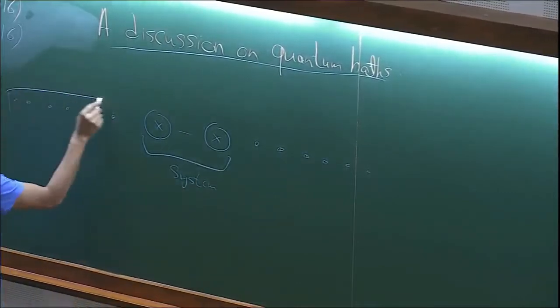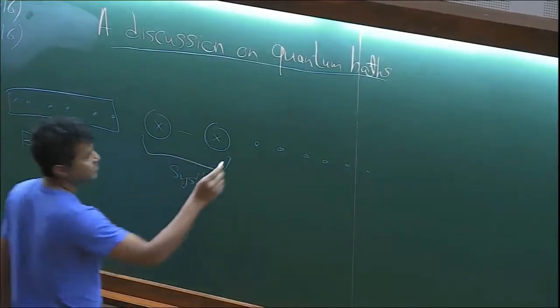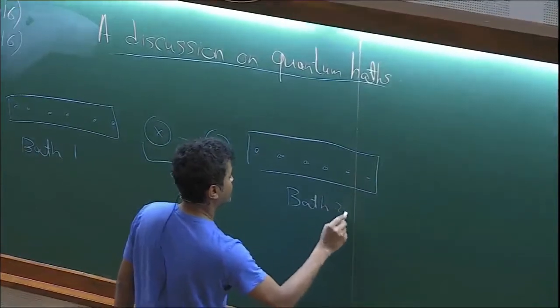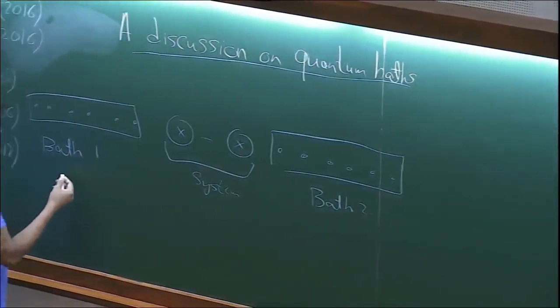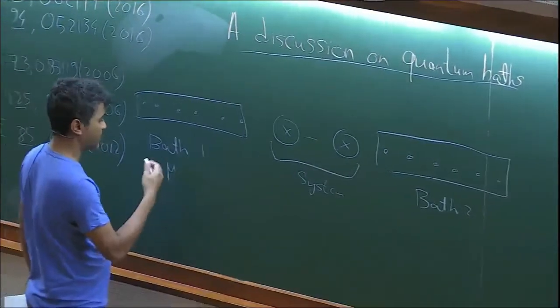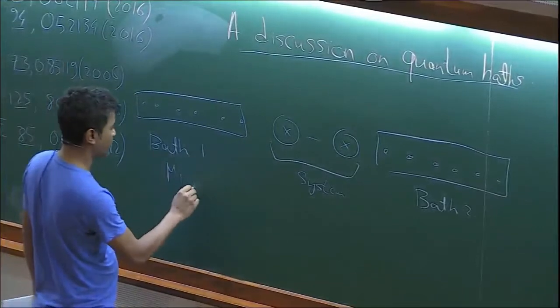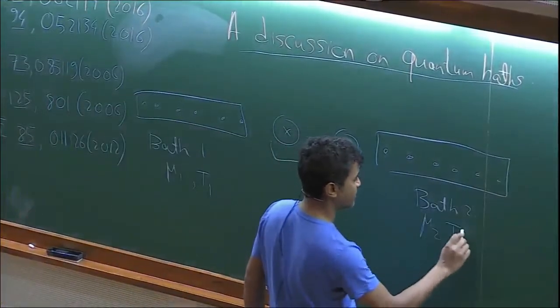And this is bath 1, and this is bath 2. Each bath is described by equilibrium properties, let's say chemical potential, which I'll call mu1, and temperature T1. And this bath is at some different chemical potential and temperature T2.